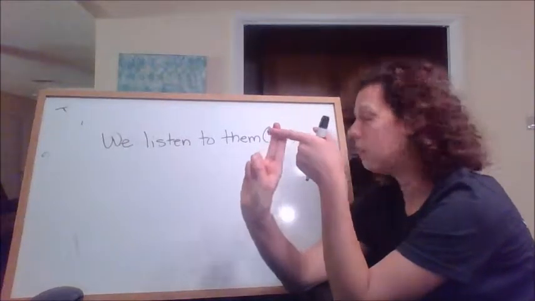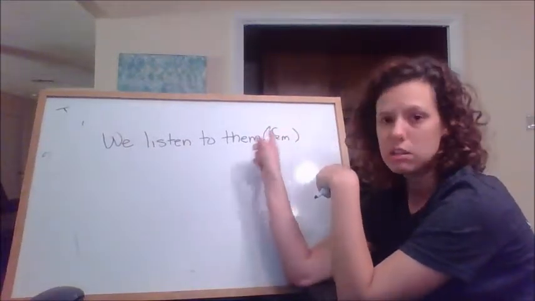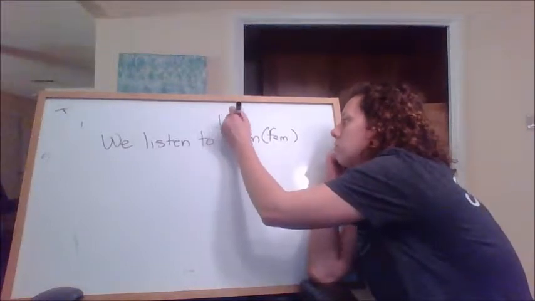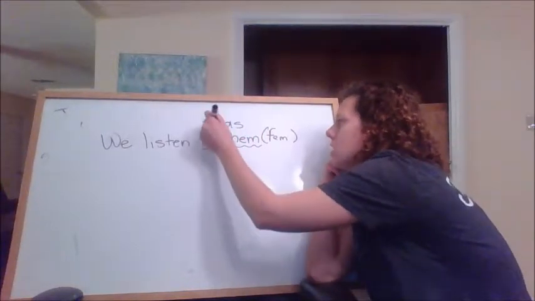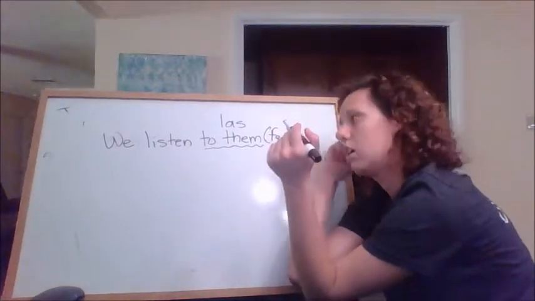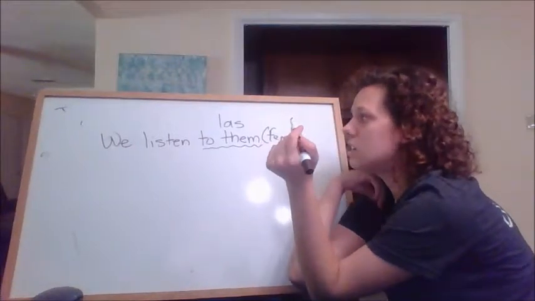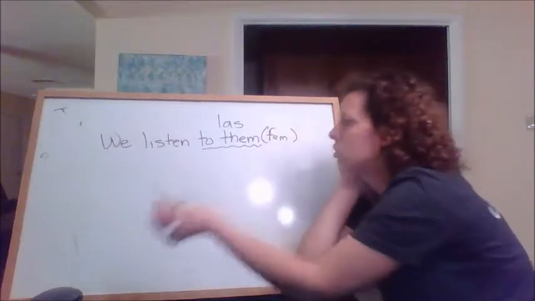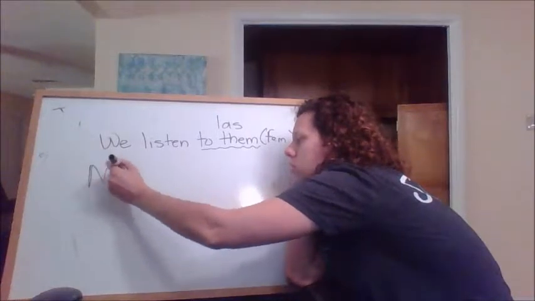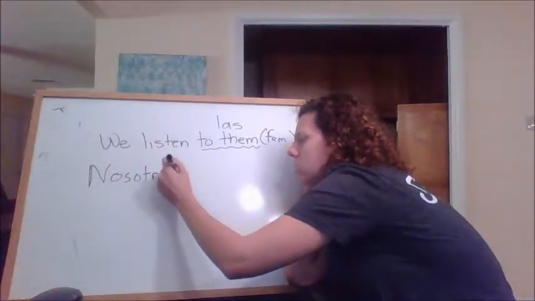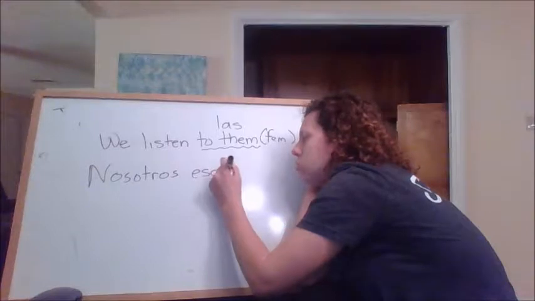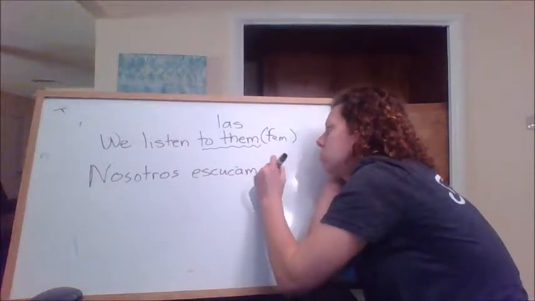All right. This is feminine, so it has to be las. All right, so all this is going to be replaced by las. The verb listen is escuchar. So we'd say nosotros escuchamos las.